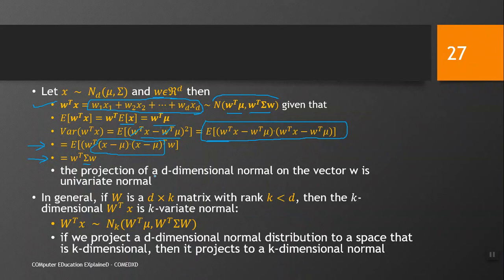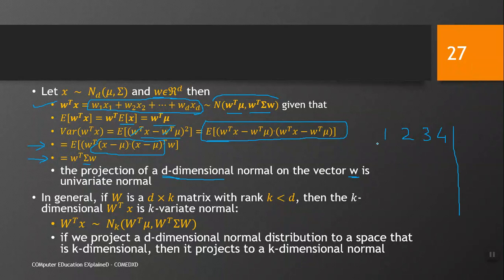The projection of d-dimensional normal on the vector w is univariate normal, right? It means that if we transform the d-dimensional data into w, which is a univariate normal, then it is a projection, right? For example, we have feature 1, feature 2, feature 3, feature 4 of our data.